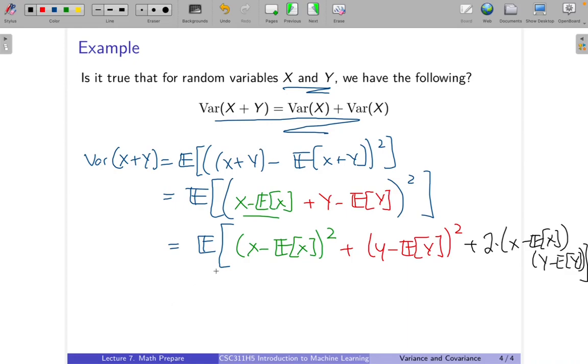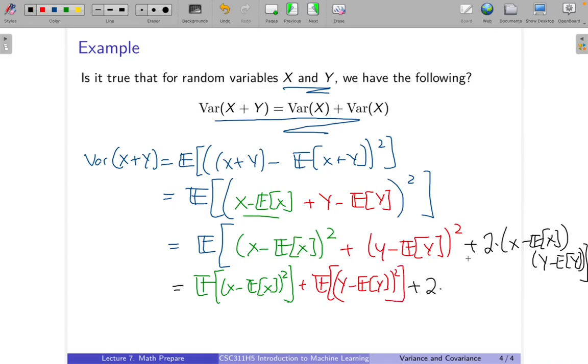So that's all good so far. And I am going to use the linearity of expectations. I'm going to have 3 terms here: the expected value of the green term, the red term, and then my final term, this black term, 2 times the expected value of x minus the expected value of x.